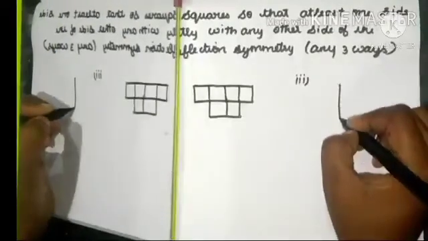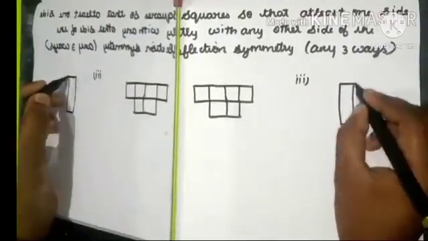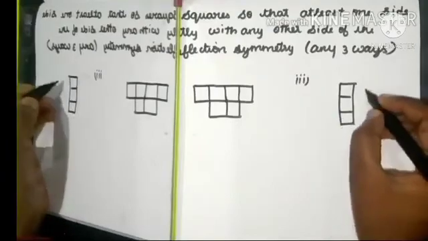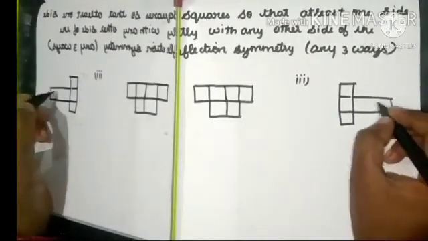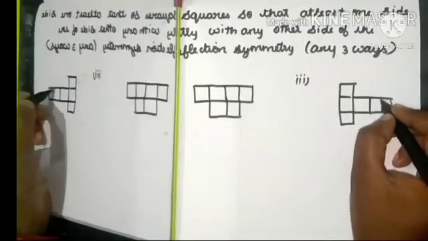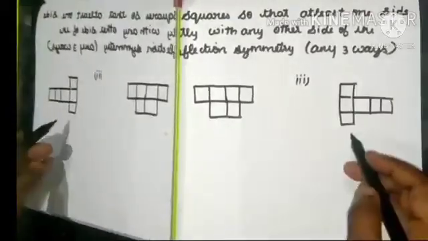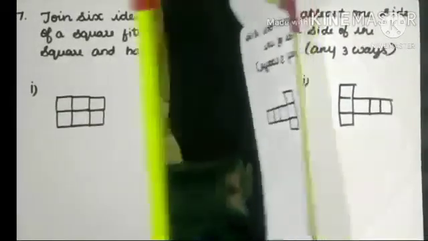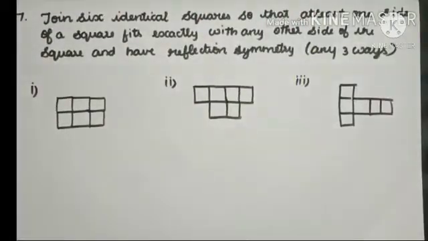And the third way, 1, 2, 3, 4, 5, 6. For this also it has a reflection symmetry. Students, you have to find the other possible arrangements of 6 identical squares and check whether they have a reflection symmetry or not.